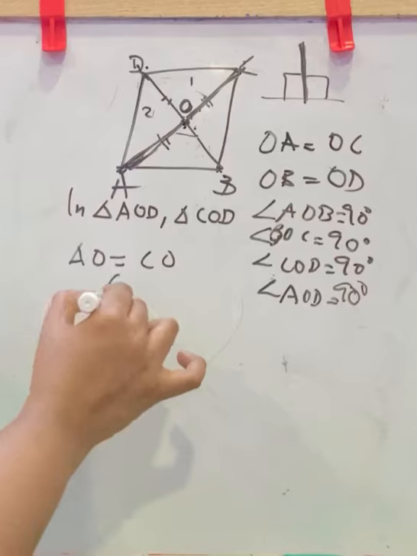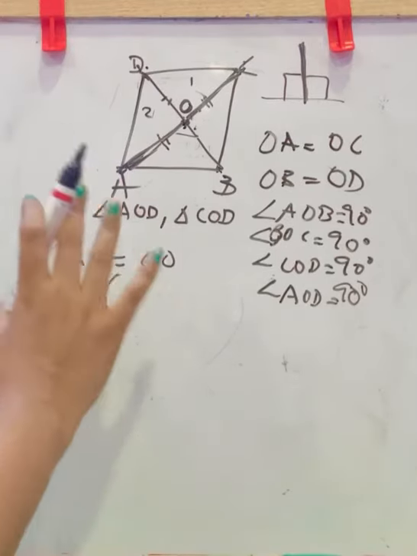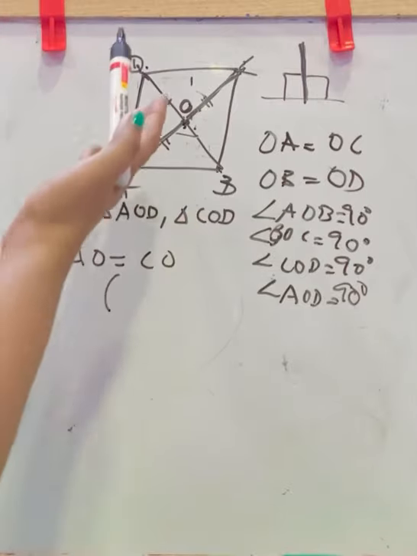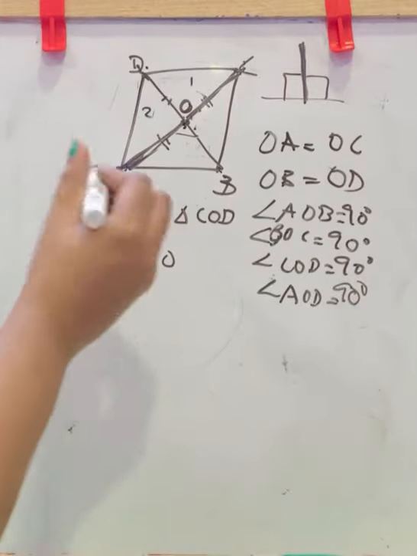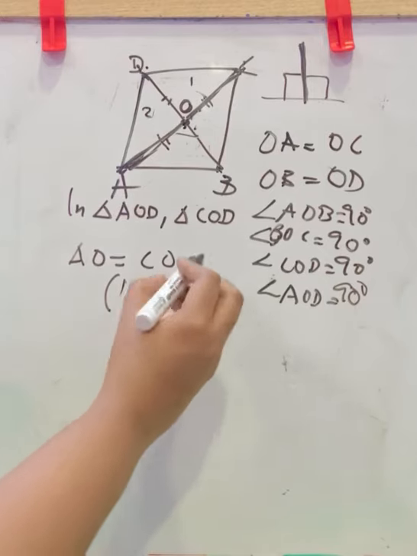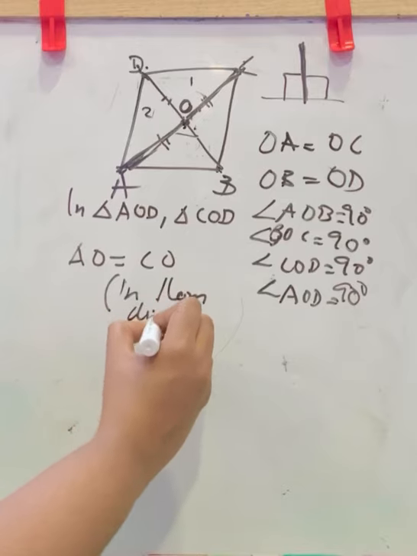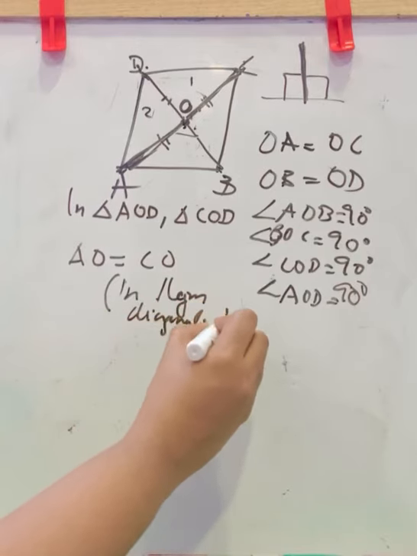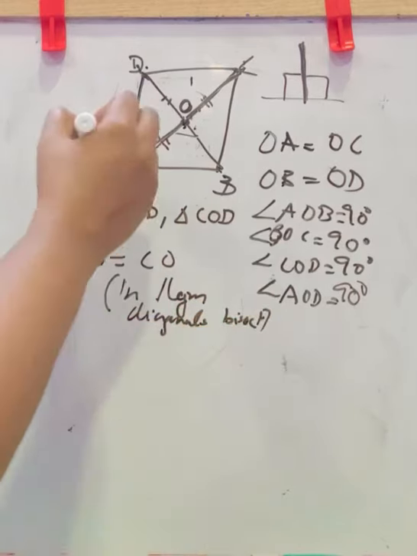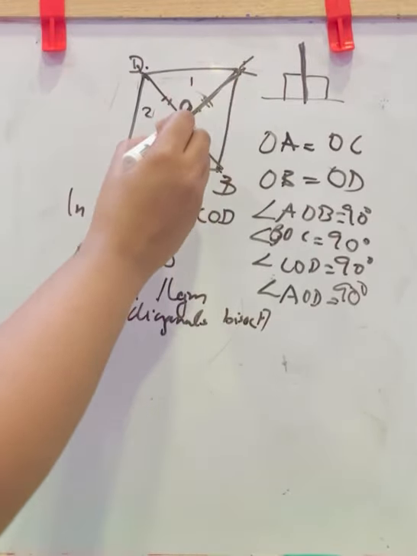Do you know the reason? This is a rhombus, but we know it satisfies all the properties of a parallelogram because rhombus is a parallelogram. So, in a parallelogram, diagonals bisect. So, in a rhombus also, diagonals bisect. That is why AO equal to CO.